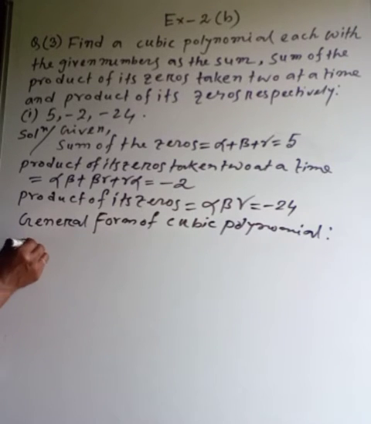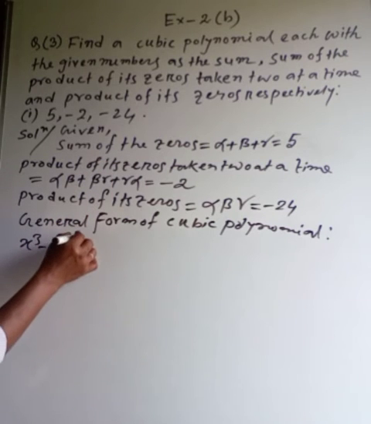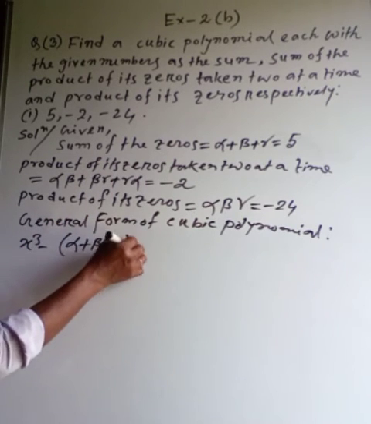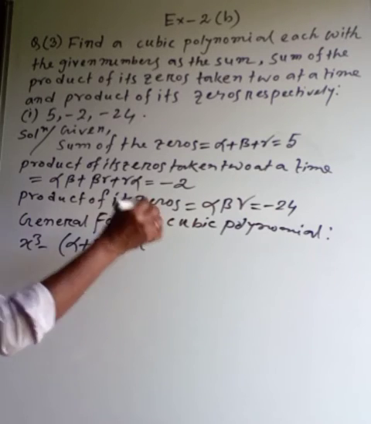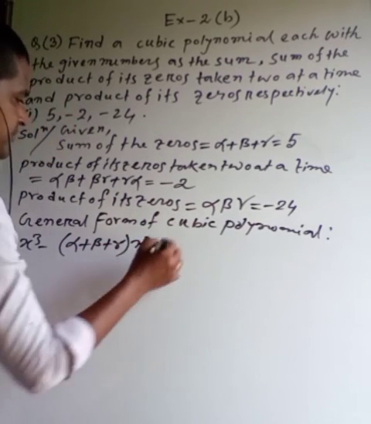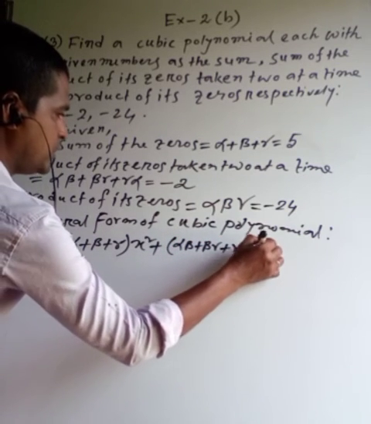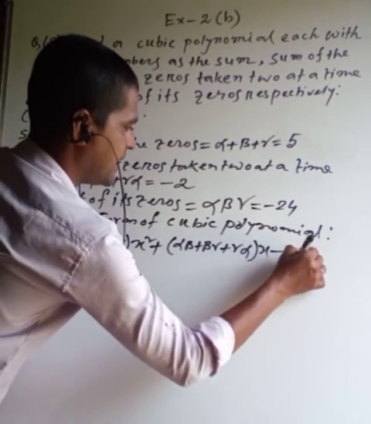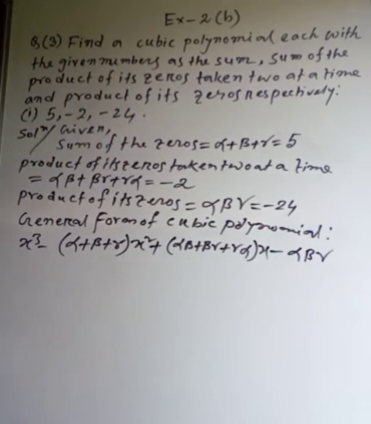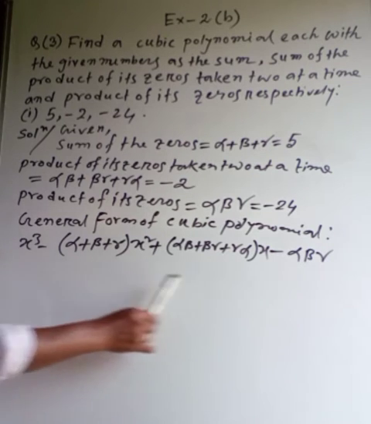X cube minus alpha plus beta plus gamma into x square plus alpha beta plus beta gamma plus gamma alpha into x minus alpha beta gamma. So this is the general form of the cubic polynomial. So this is the main formula.